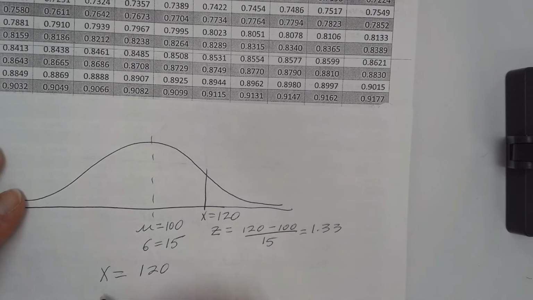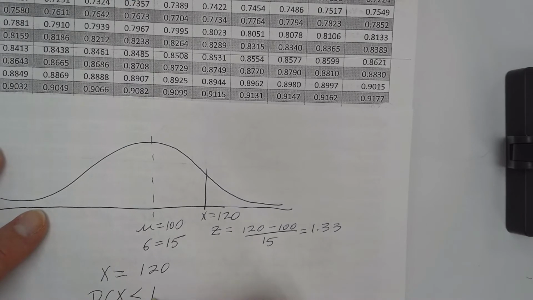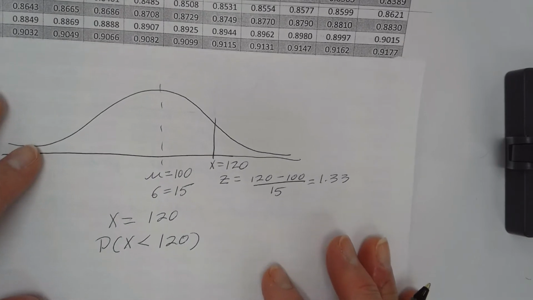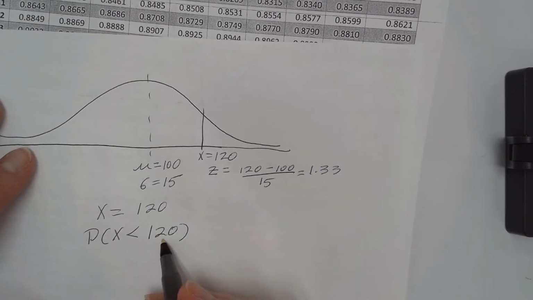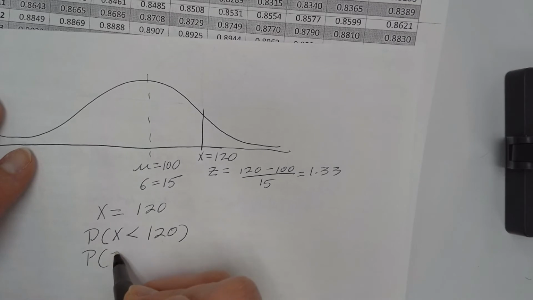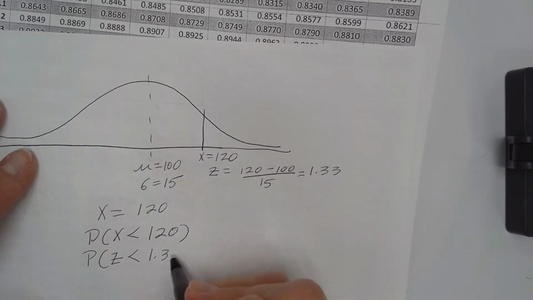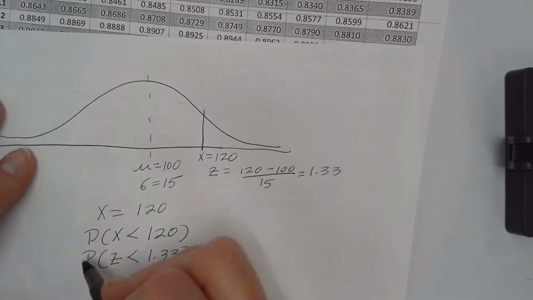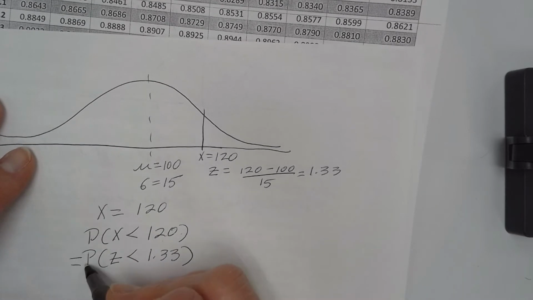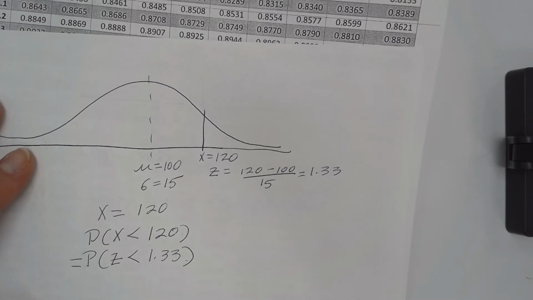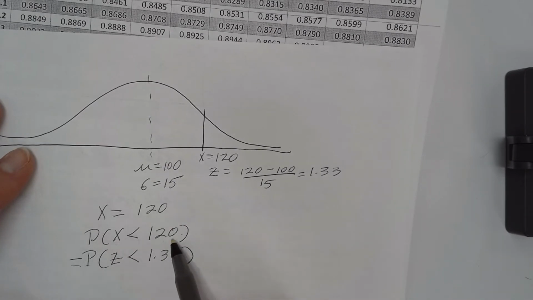So if I want to know the probability that x is less than 120, then I would change that 120 to a z, so the probability that z is less than 1.33. Those are equal. The probability that x is less than 120 is the same as the probability that z is less than 1.33.